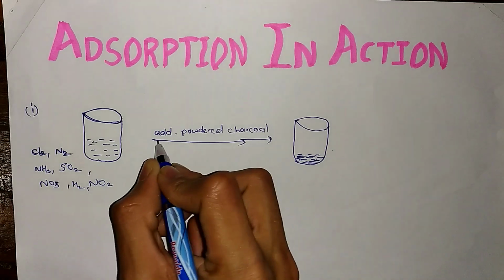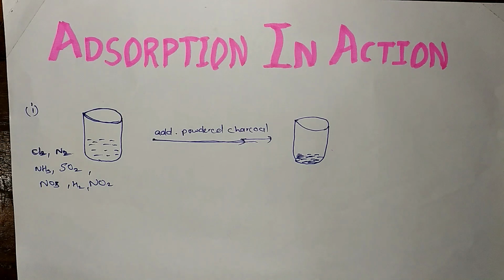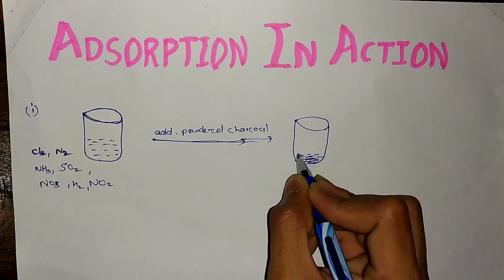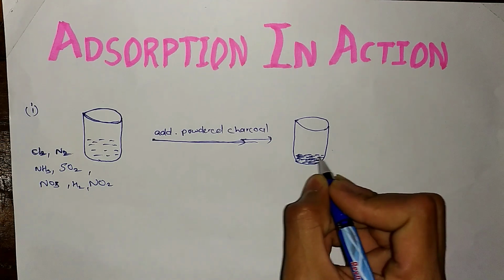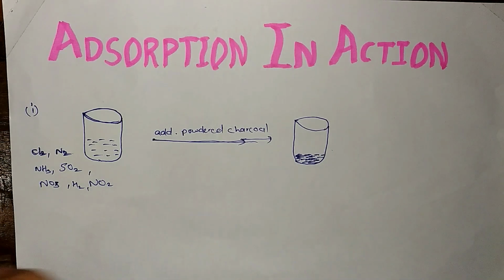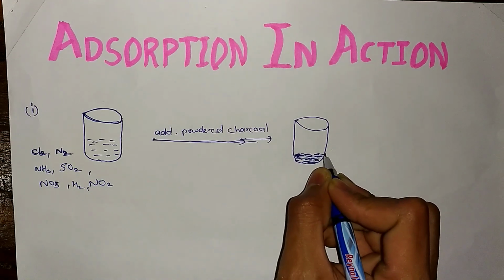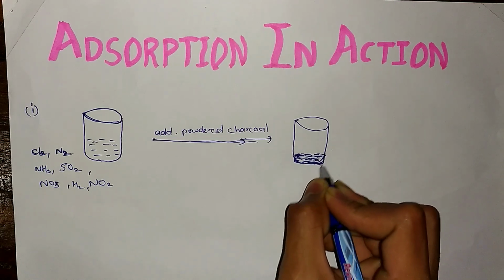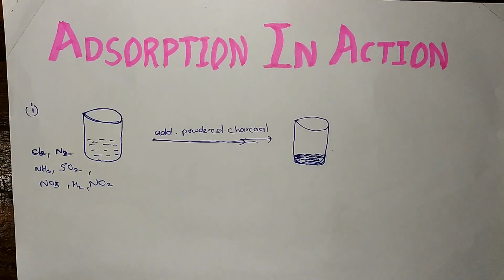If we add powdered charcoal to this beaker, these gases will be adsorbed on the surface of the charcoal, and the pressure will be reduced because of the adsorption of gases on the charcoal.